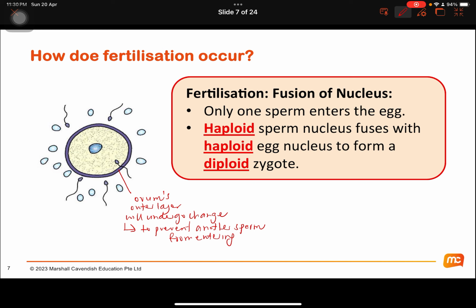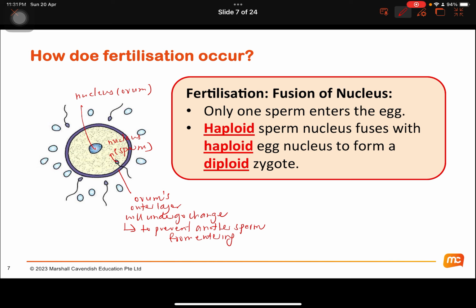And when one sperm successfully enters, only the nucleus enters. So you can see the nucleus of the ovum and the nucleus inside the head of the sperm will fuse together.